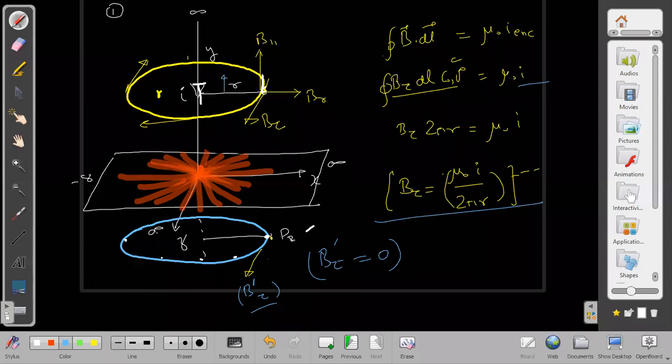If B parallel is there everywhere, here also, then what will happen? Some flux will be coming out of it. One more thing I should specify first before continuing this discussion. Did I tell you that magnetic field lines always form closed loops?